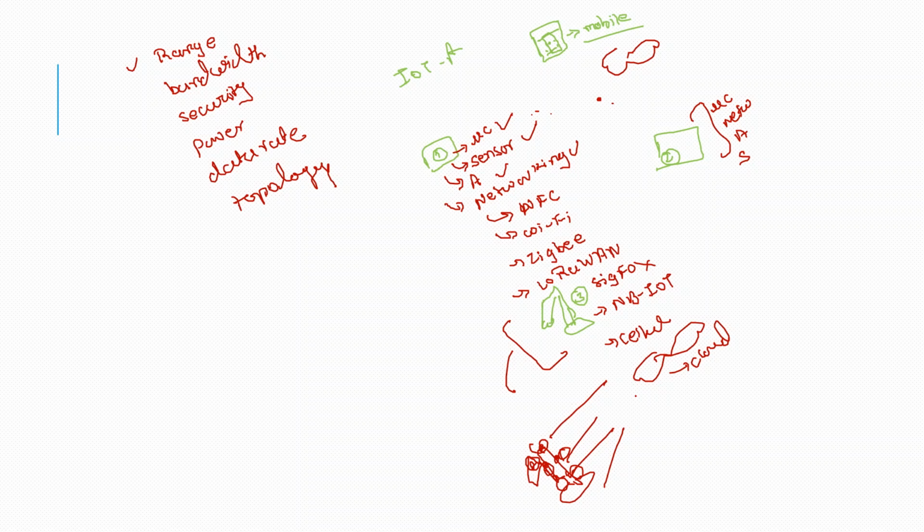Okay, so when we talk about the cloud platform, several cloud platforms are very famous in the IoT domain. For example, AWS, Amazon Web Services IoT solution, Microsoft Azure solution, IBM platform, Google Cloud IoT solution, and then ThingWorx.